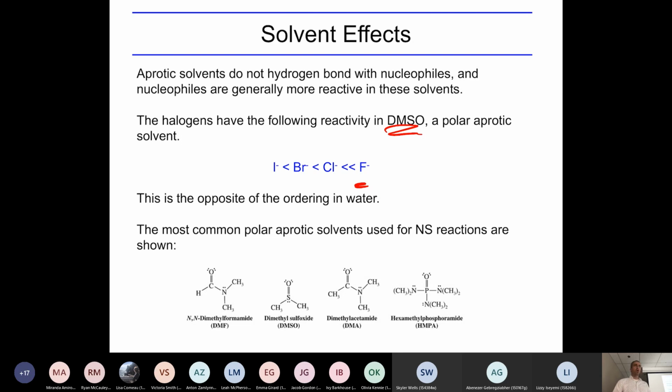Take sodium fluoride as a salt, dry, put it in DMSO with no water, and you can just get fluoride ions, and we call them naked fluoride, because fluoride loves water so much, if you keep the water away, the fluoride behaves very differently. It behaves as if it's naked. It doesn't have that coat of water around it, and fluoride becomes the best nucleophile if you're in a polar aprotic solvent. That's because it's not surrounded by these toddlers slowing it down.